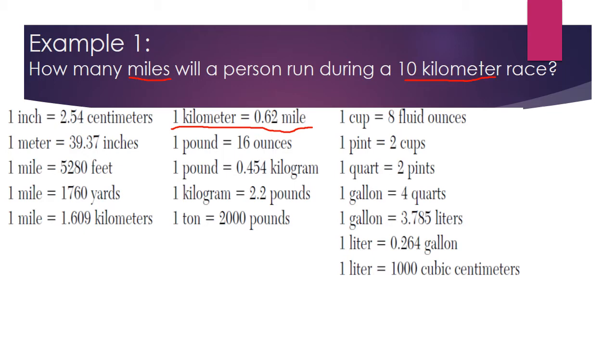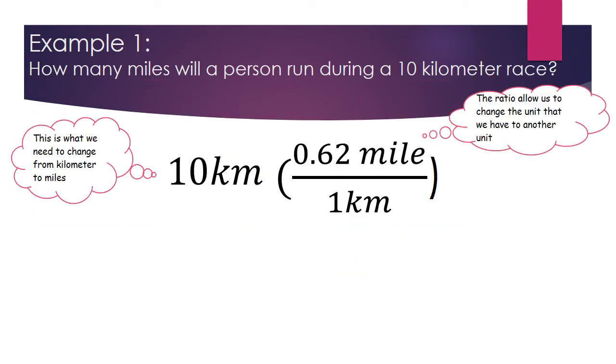And for the conversion ratio, I'm going to make sure that the unit that I'm trying to get rid of, which is kilometer in this case, is at the denominator of the ratio. And the other piece of information that I got from the reference sheet is at the top of the ratio.